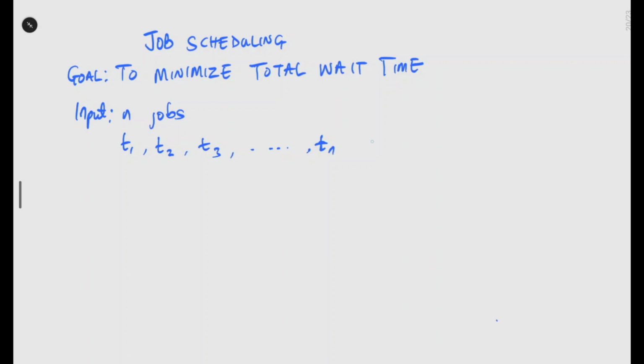Our assumption is that this is not sorted. We have a single processor. So the question is, how do we schedule these jobs in such a way that we have a minimal total wait time?